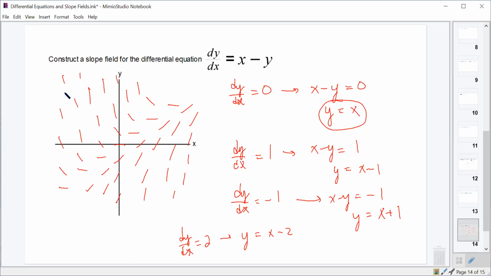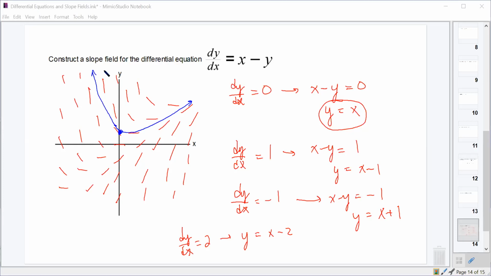Okay. So then if we were asked to actually sketch the curve that went through a specific point, let's say we chose this point right here. The curve that goes through that, the solution curve to x minus y through that point, should have a slope of about 1 right there, and then it should flatten out and then start going up to about a slope of 1. And over here, it should get very steep fairly quickly and look something like that.